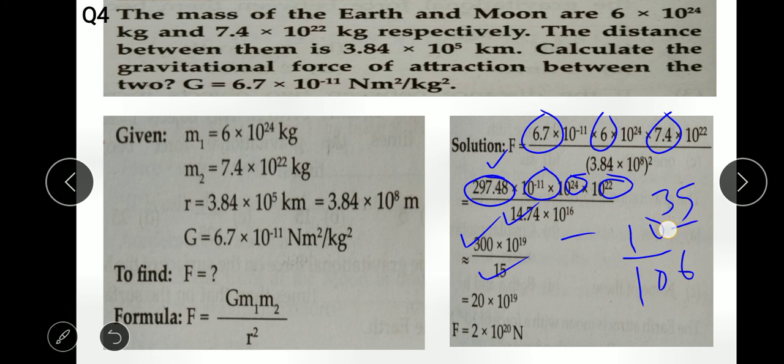Out of 35, 16 is cancelled and 19 is left, so 10 raised to 19. Here 300 divided by 15 is 20. So 20 into 10 raised to 19 is our answer. Force is equal to 2 into 10 raised to 19 Newton.